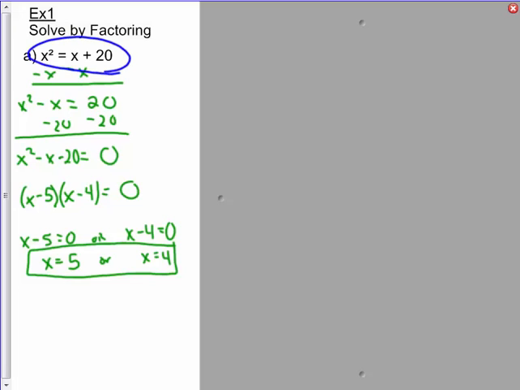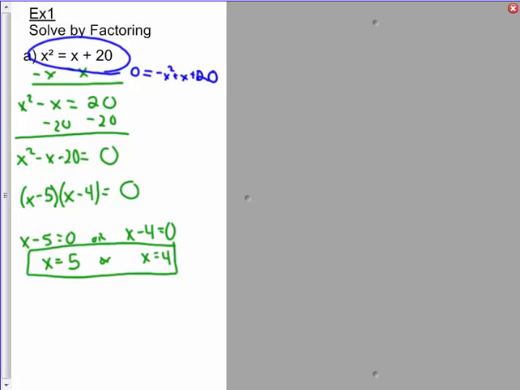Now, how else could I have done it? Well, I could have moved the x squared over to the other side.